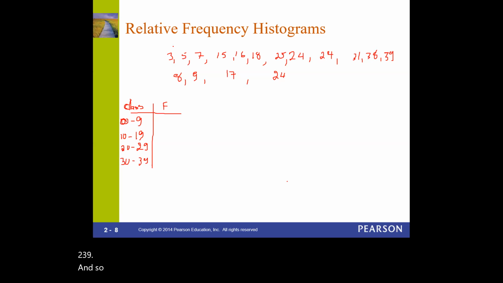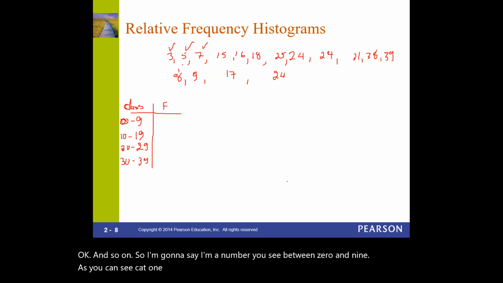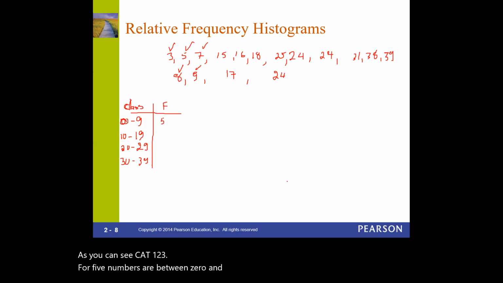So I'm going to say how many numbers you see between 0 and 9. As you can see, you got 1, 2, 3, 4, 5 numbers between 0 and 9. That'll be 5 numbers.